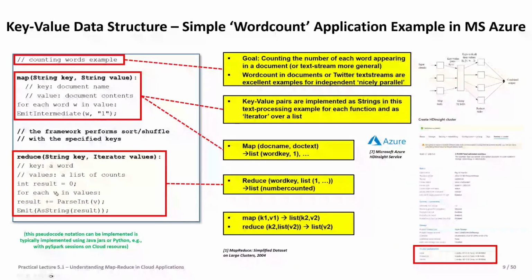Here you can imagine that by the same key, we would have lots of ones. And every time we see one occurrence in this list, we just have to count the occurrences of the word.